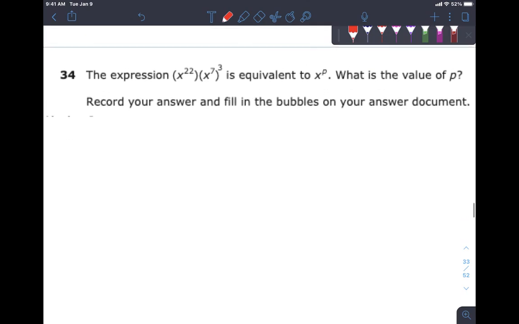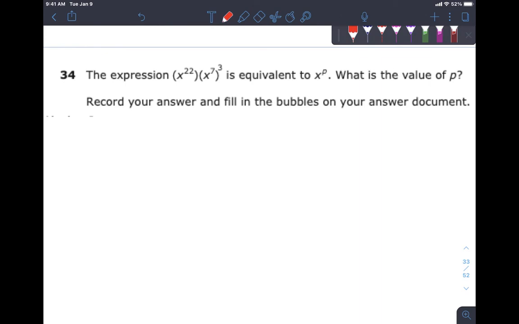All right. So again, we have another one of these crazy exponential ones. And they want to know, if the expression is equivalent to x to the power of p, what is the value of p? Okay. So now this is an interesting one because this is actually a multi-step problem. We could use NSolve to solve for this.